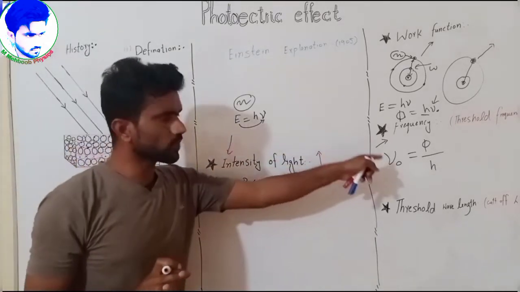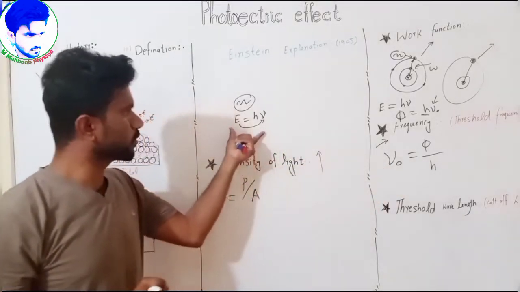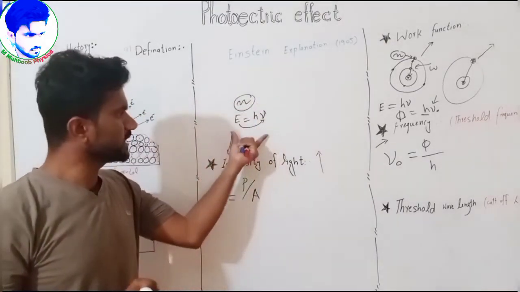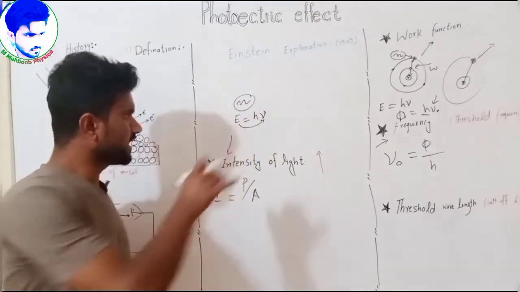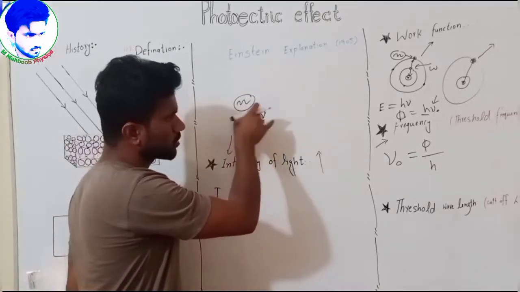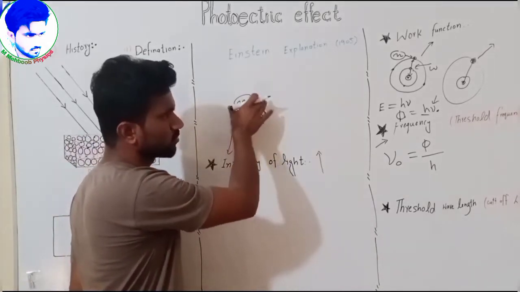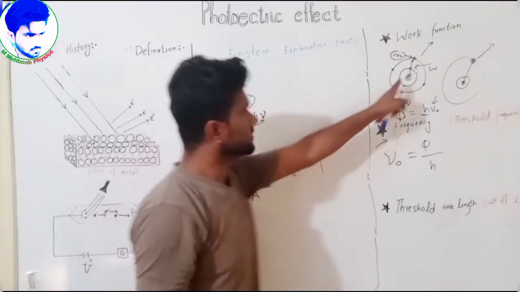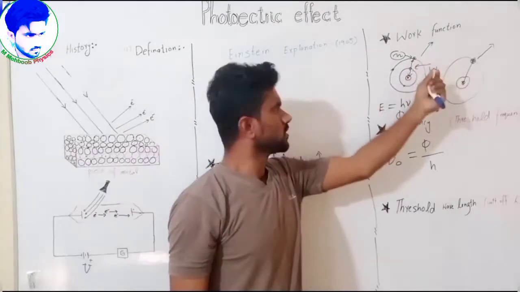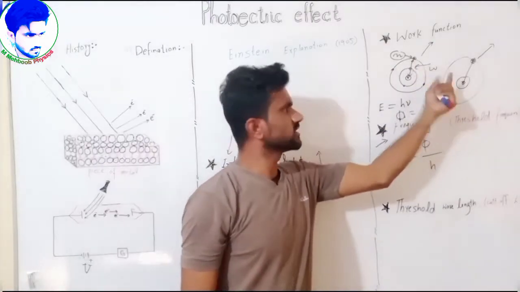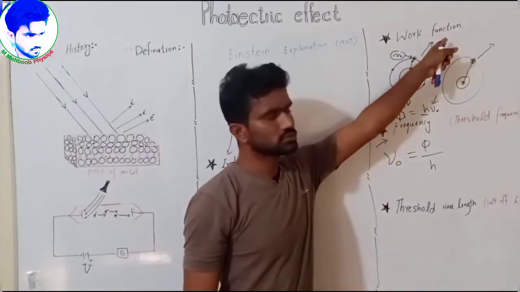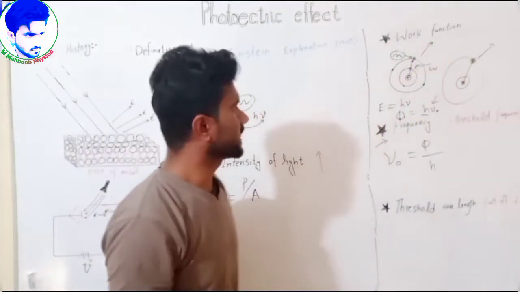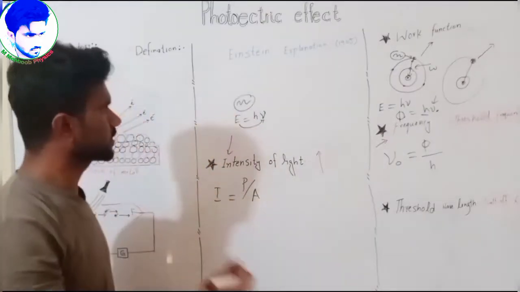But when we increase the frequency of the light, it means that we are going to increase the energy of that light photon. And when a light photon with a greater amount of energy strikes that electron, this electron will use some of the energy in doing the work function, and the remaining will be used in increasing the kinetic energy of the electron.